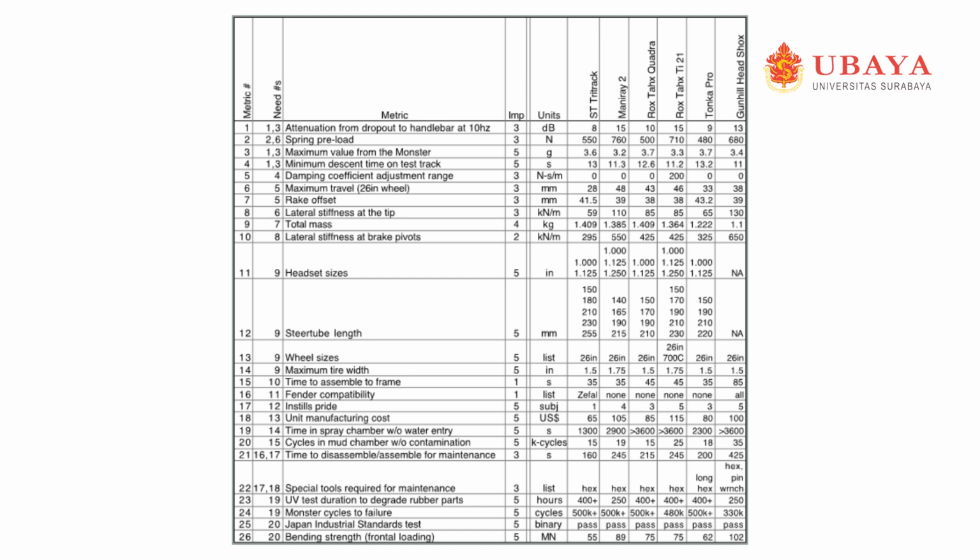The unit is dB, decibel. For example, competitor product number 1 has a value of 8, followed by other products with 15, 10, 15, 9, and 13. So these are the values of your competitor products. And of course, this also applies to all metrics. Again, guys, we have 26 metrics and 20 needs.